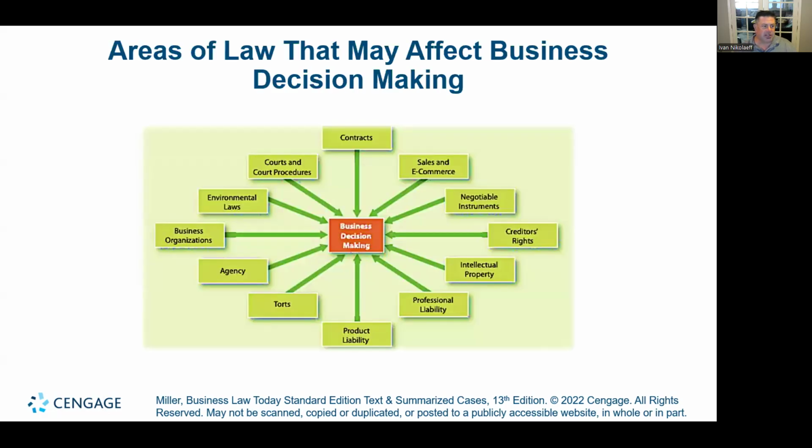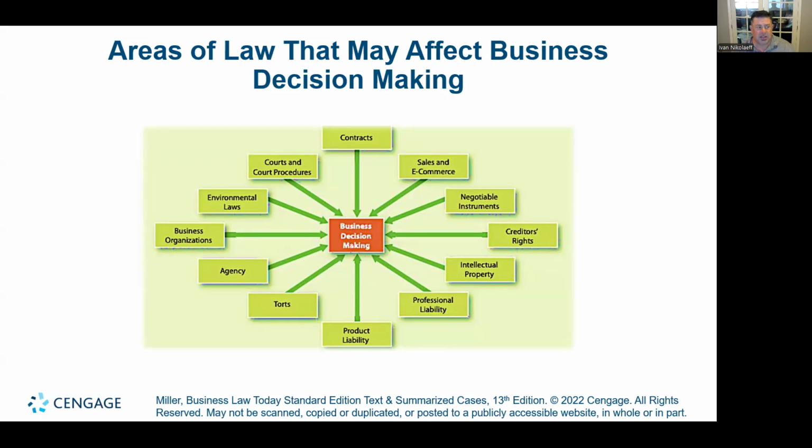Some areas that may affect us as far as decision making in business and the legal system is concerned: the biggest one is contracts. If you decide to go into law later on in life, you're going to find that 80%, 90% of the legal profession is primarily there to deal with contracts.